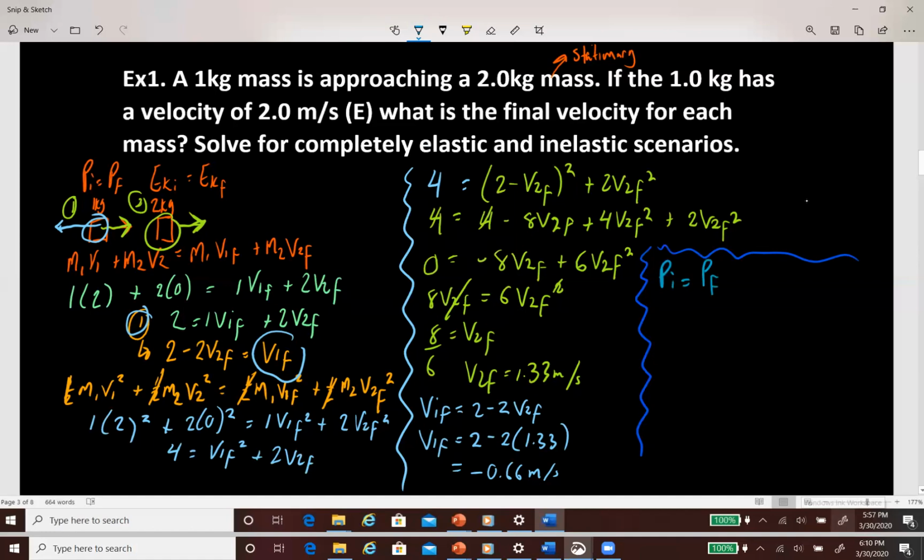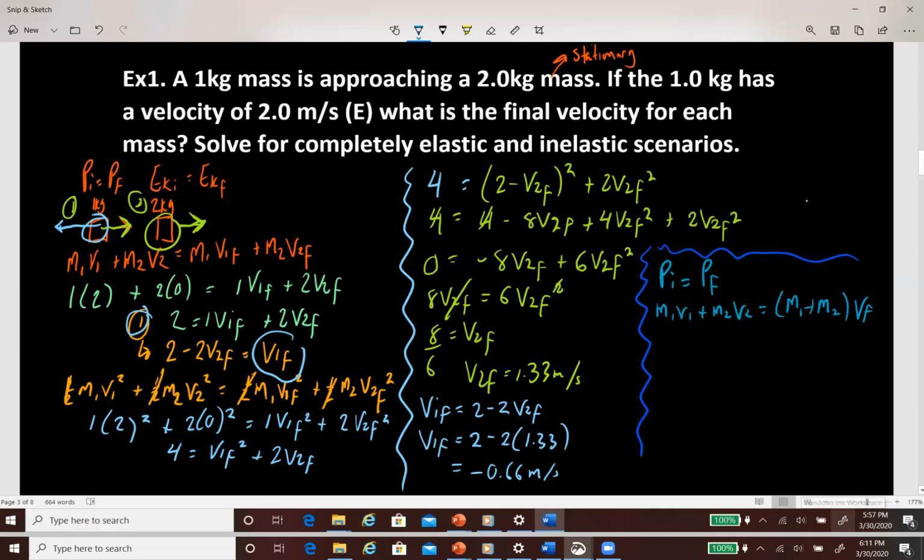But what's beautiful about this is that the initial momentum is defined as m1 v1 plus m2 v2. The final momentum is actually the sum of the masses because they stick together like two cars getting mangled and sticking together, times their final speed. So this one's going to be a lot easier to solve.